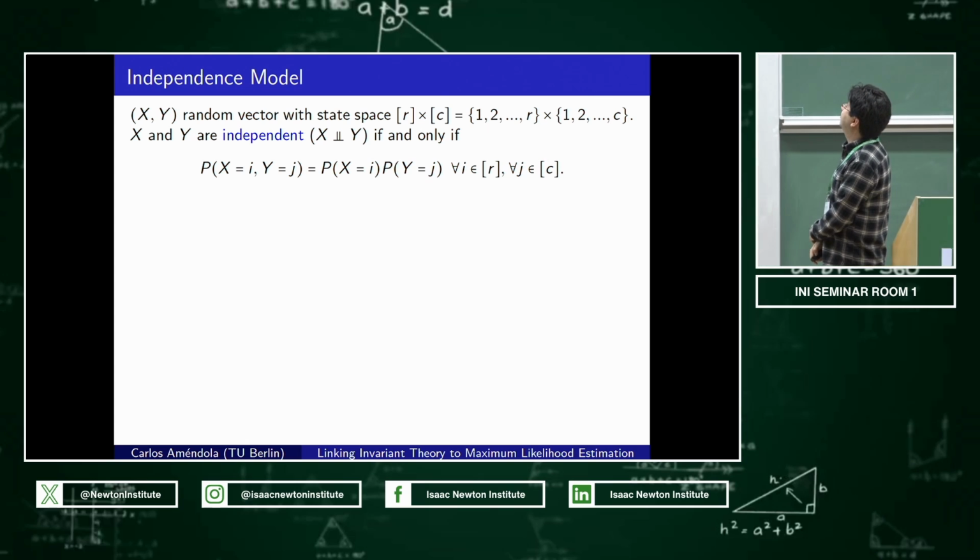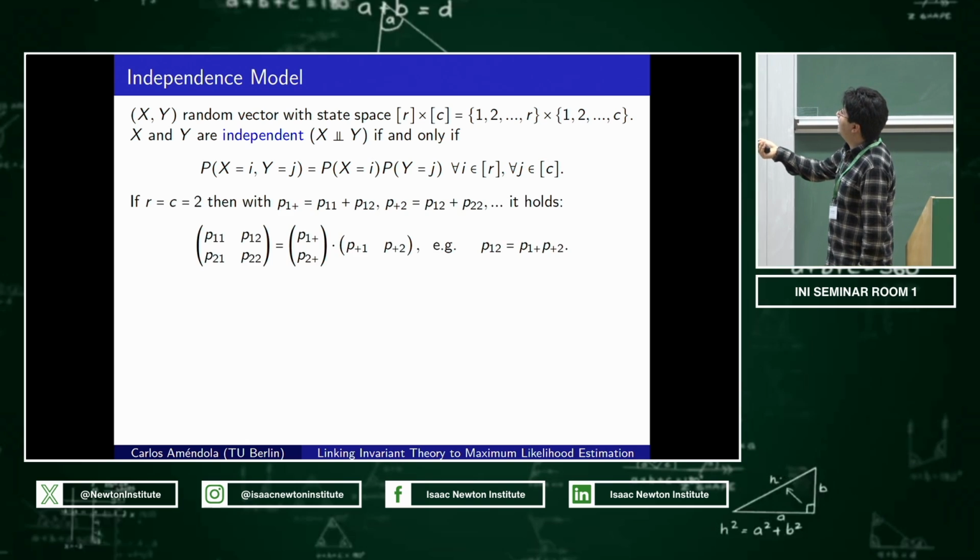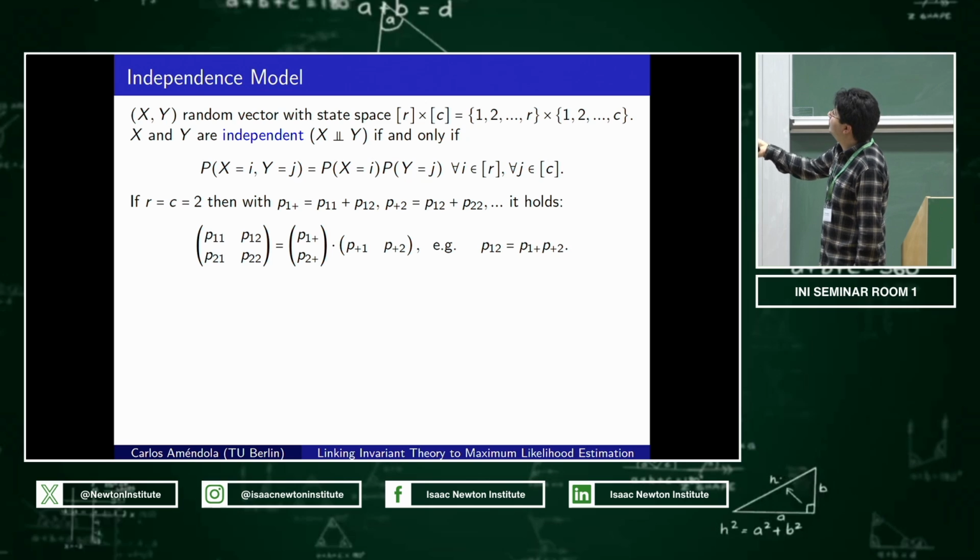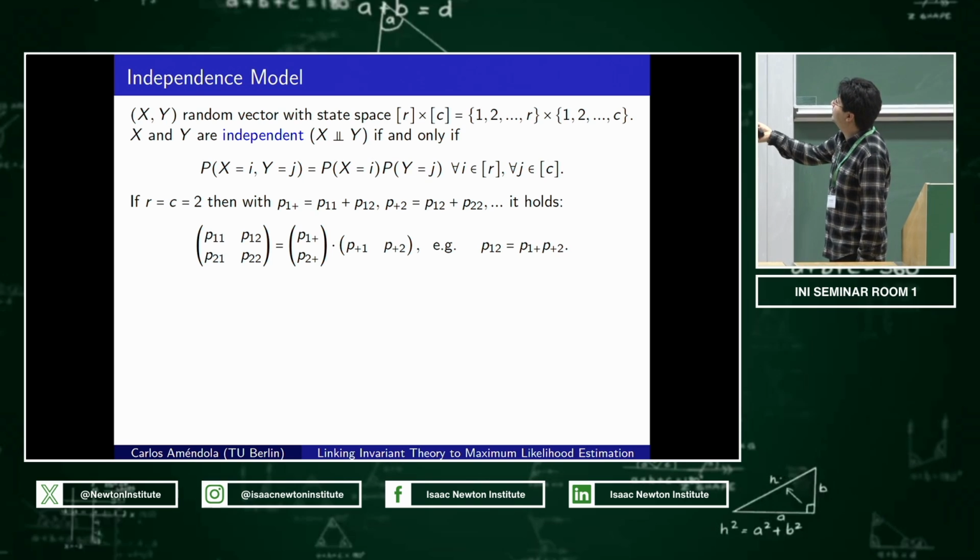For example, if you have a 2 by 2 case, two binary random variables, then this joint probability matrix can be written as the outer product of the 2 marginal distributions. Here I'm using this notation with the pluses, which means that whenever you see a plus, you sum over all the possible values that this plus can have.